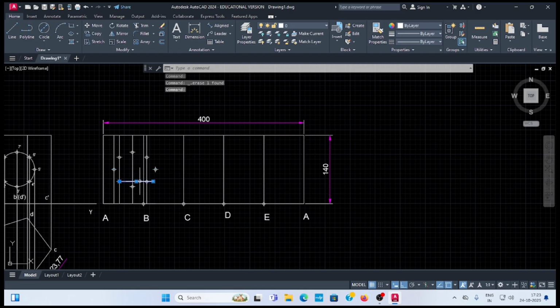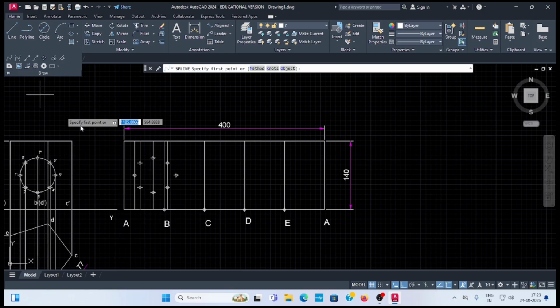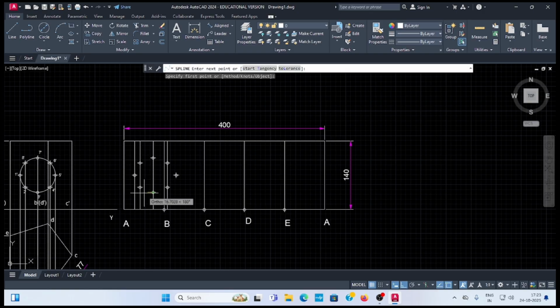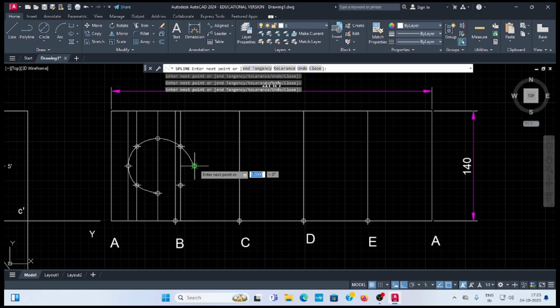Okay. Here you have to draw the curve. Go to spline curve in the draw toolbar. The first one is spline curve. Starting point here. Join all the points with the spline curve. Connected all the points with the spline curve.